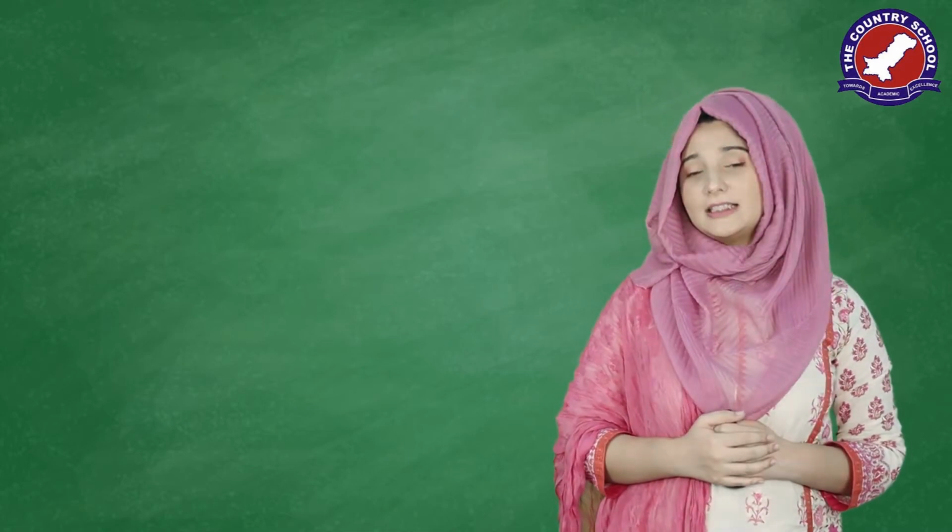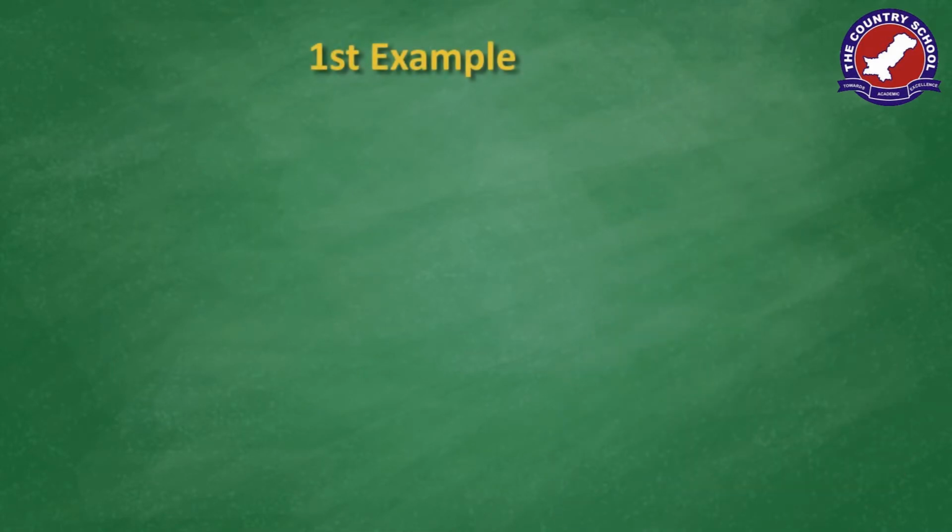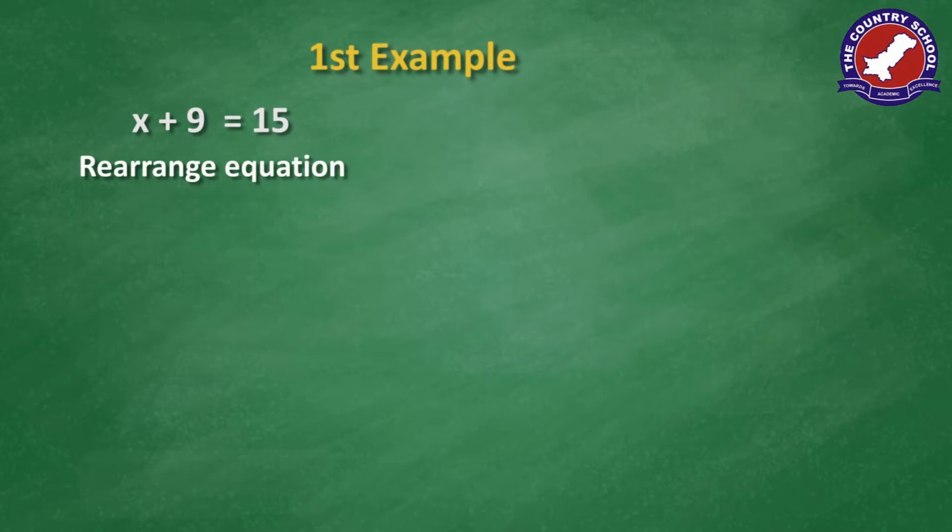And here's our first example. x plus 9 equals 15. To solve for the unknown value x, we need to rearrange the equation so that the x is all by itself on one side of the equal sign. But what can we do to isolate the unknown x? Right now, x is not by itself because 9 is being added to it. So is there a way for us to get rid of that 9?